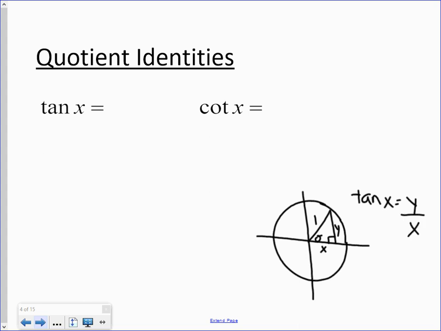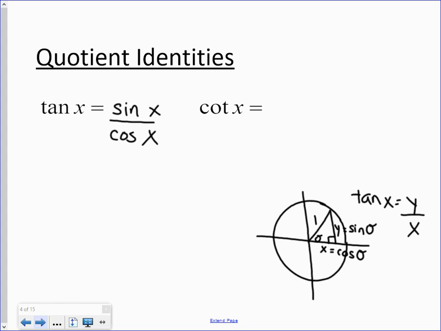Very good. Okay, so if we said that x is really cosine and y is really sine, then by substitution we could say that tangent is actually sine over cosine. So that's our quotient identity. Sine of x divided by cosine x.